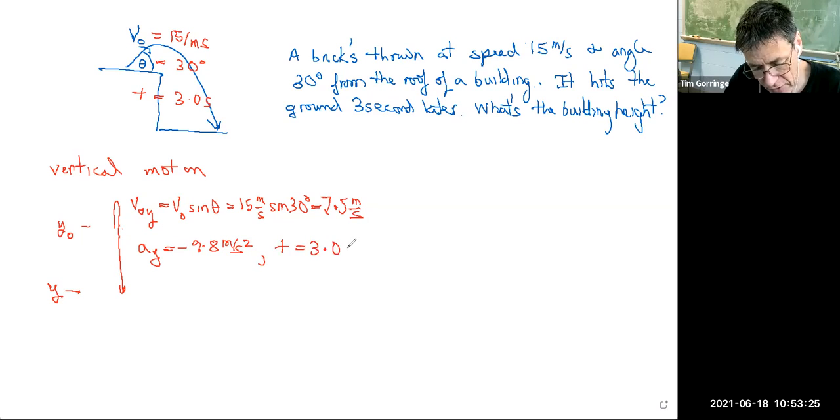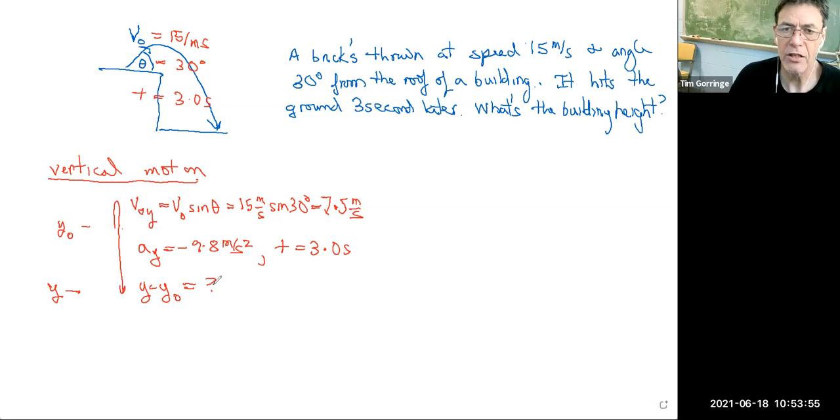That was 3.0 seconds for the time from the release of the projectile to the projectile striking the ground. And so this is a second picture of the motion from this vertical perspective. And what we want to figure out here is the vertical distance traveled, because that's the height of the building.